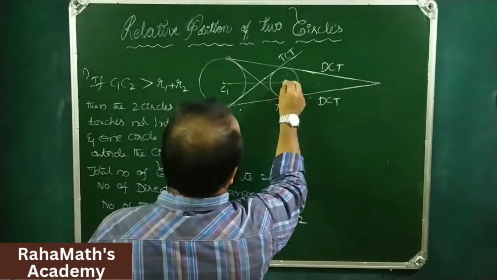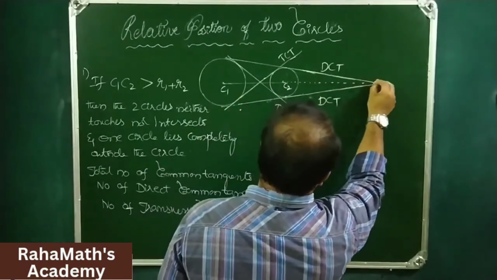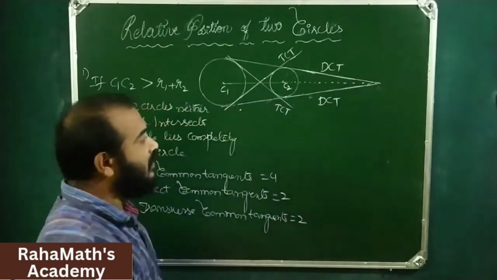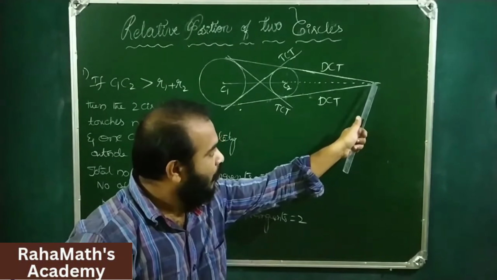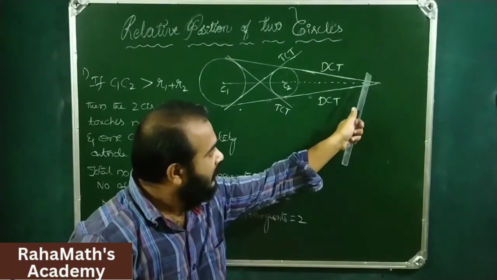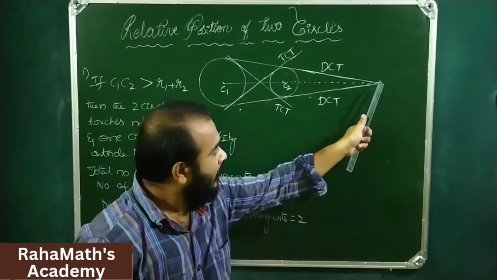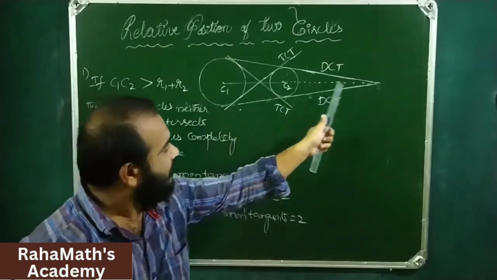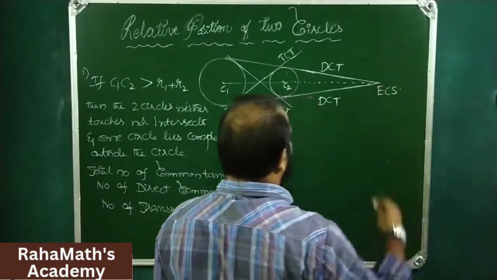That is C1, C2 is this. So this point of intersection of the common tangents lies completely outside the line joining of C1, C2. So this is what is the external center of similitude.